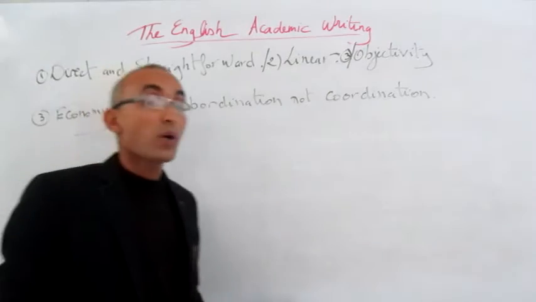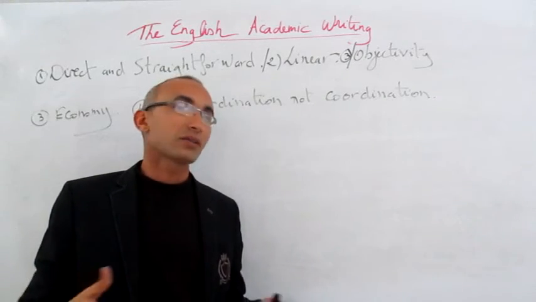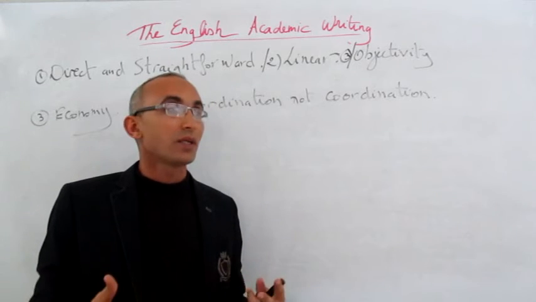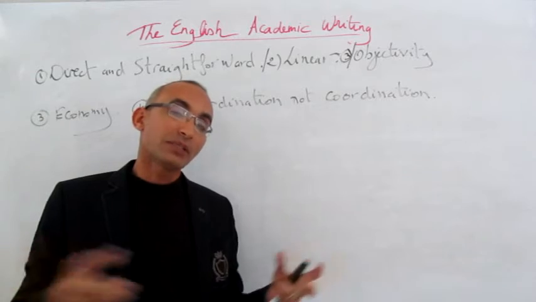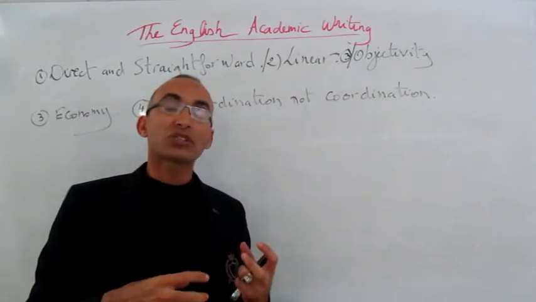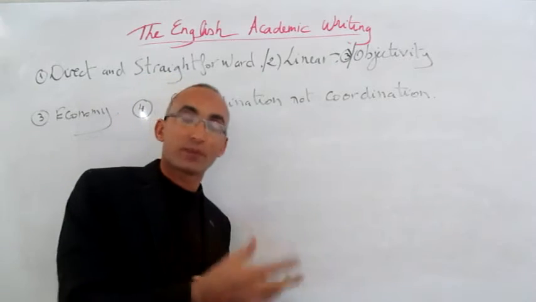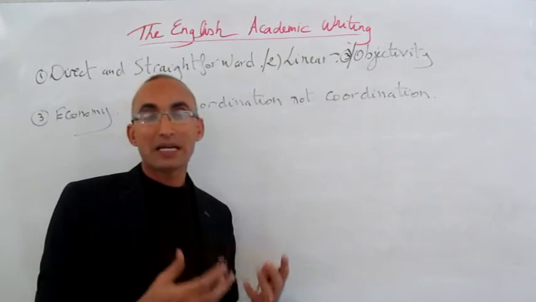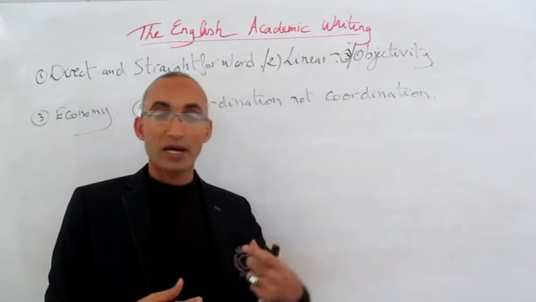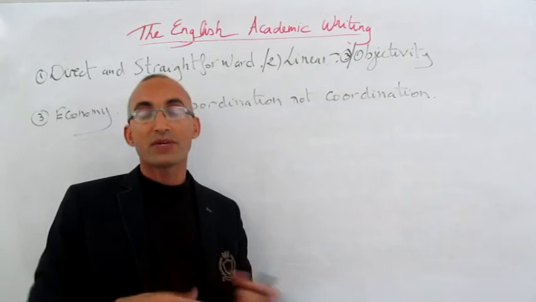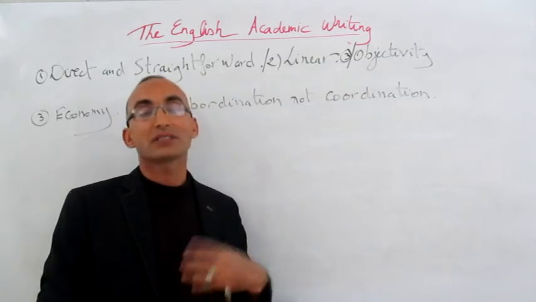Now, you know that in our Arabic writing style, we are so much used to relating our sentences by means of those conjunctions of coordination, like and, also, in addition. Whenever we start a new idea or sentence, we tend always to relate it to the previous one by means of and, also, in addition, then, and so on.